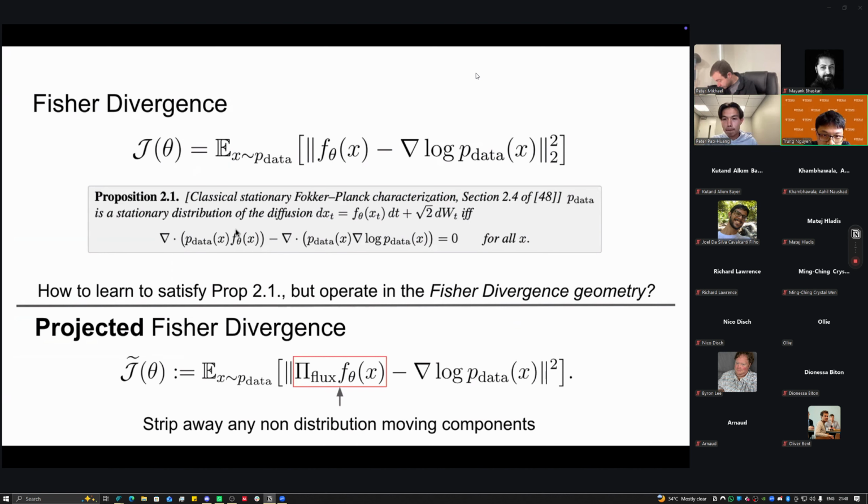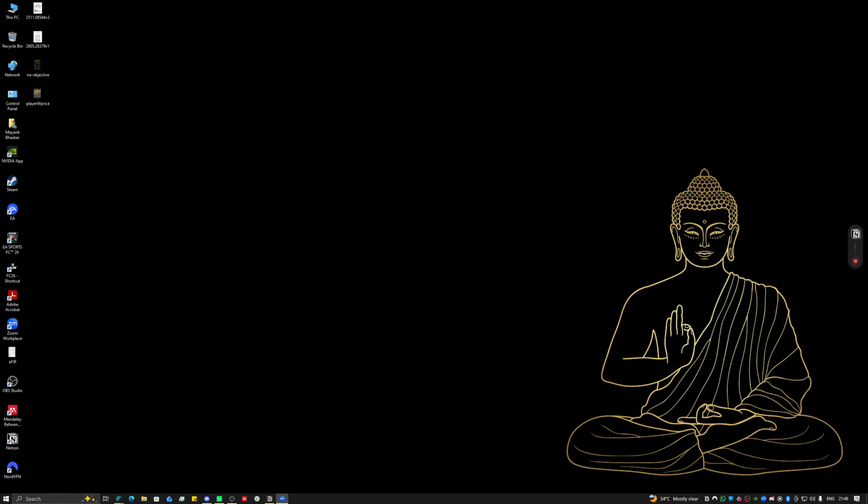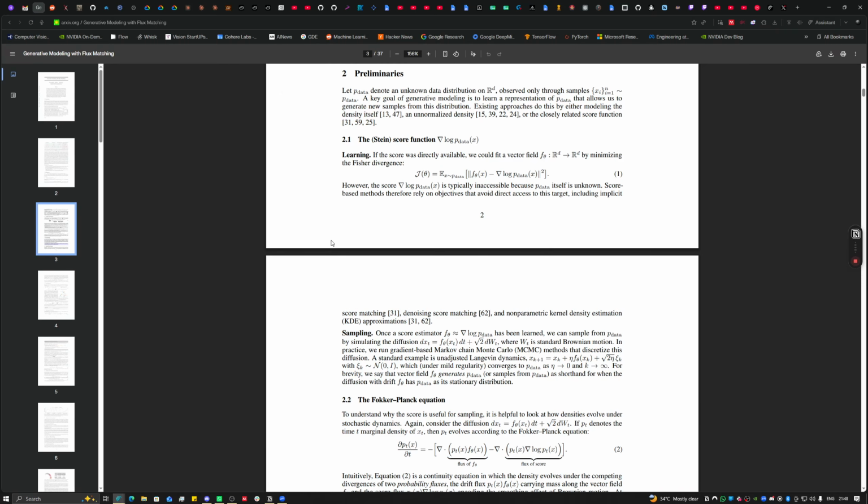Just to make sure I understand: if I define G equal to pi flux of F, then G also satisfies proposition 2.1, is that correct? Yeah, exactly. And this G would be the gradient field, the minimal representation of F that satisfies the exact same divergence of the flux. Okay, makes sense. Thanks.